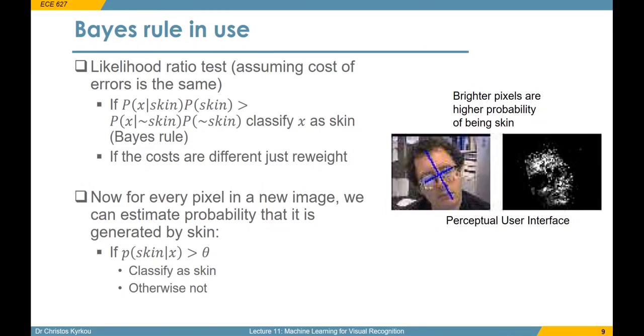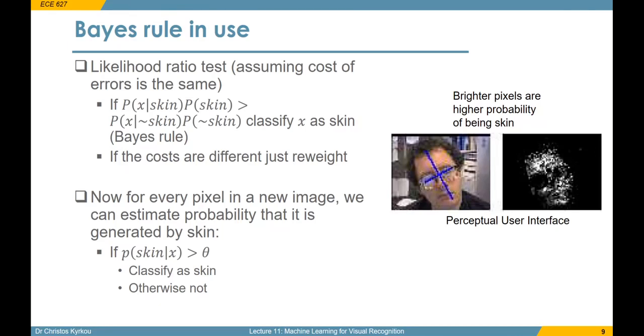So basically, we do the likelihood ratio test, assuming, of course, that any errors that we make cost the same regardless of the type of error. Otherwise, we have to reweigh the two values.